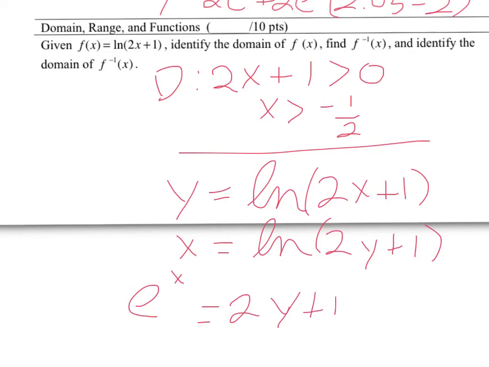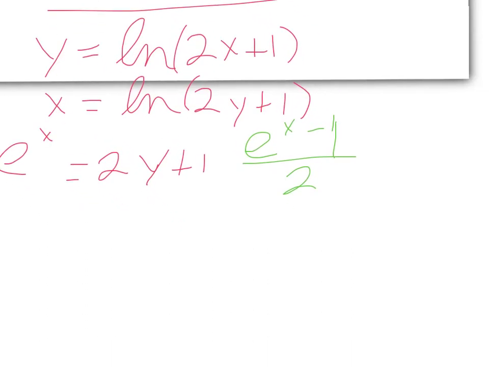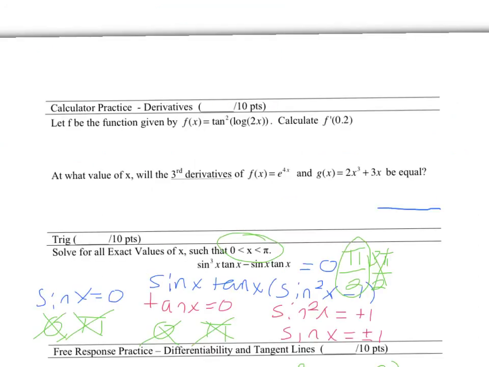So y is going to be (e to the x minus 1) all over 2. The domain of anything that's e to the x, that's f inverse of x, is going to be all real numbers. There are no numbers that I could plug into e to the x that would give me a number that does not graph, or no real numbers.